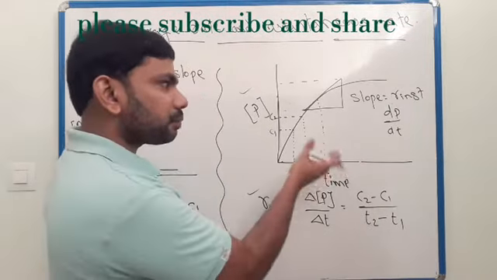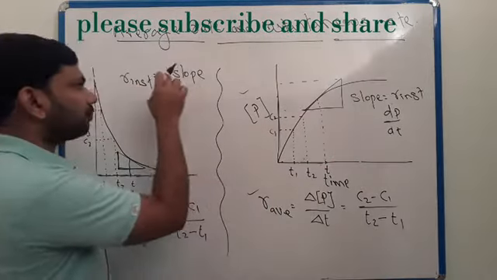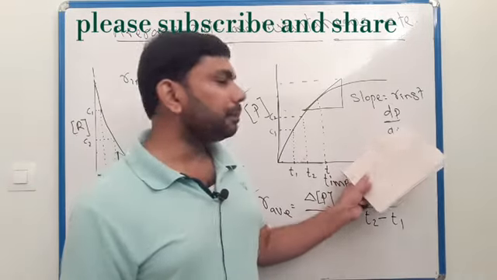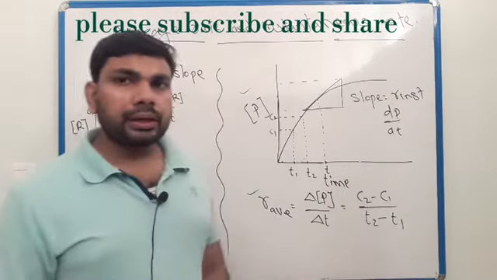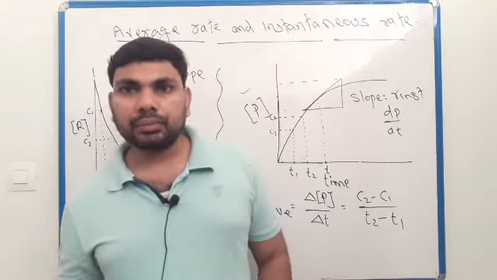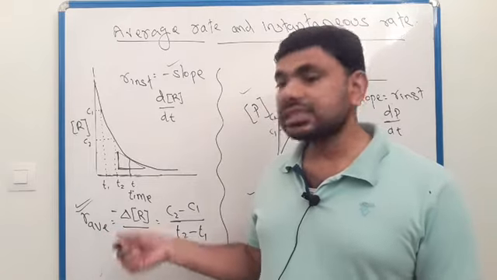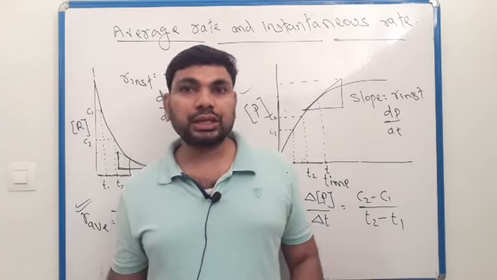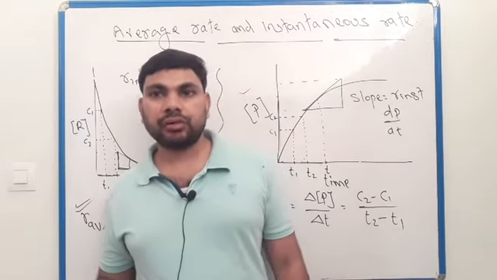In the case of product there is no negative slope; in the case of reactant there will be a negative slope. Again, average rate is the rate of reaction during a particular time interval, and instantaneous rate is the rate of reaction at a particular instant.